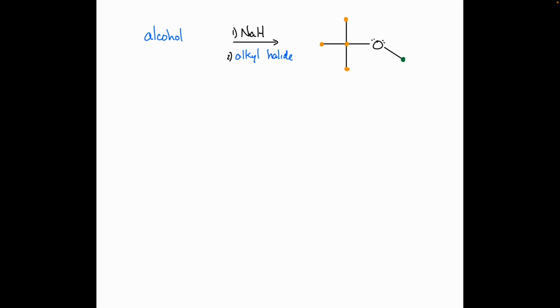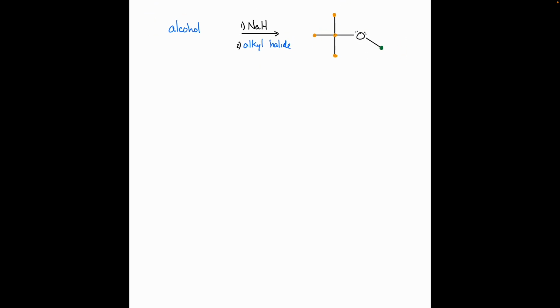So let's compare these two. We got two possibilities. On the one, I'm going to make my alcohol that green fragment, which means that my alkyl halide would be that orange fragment.